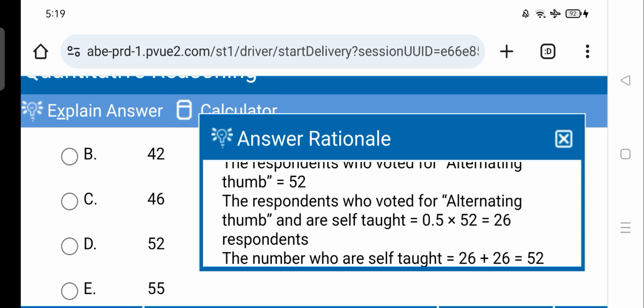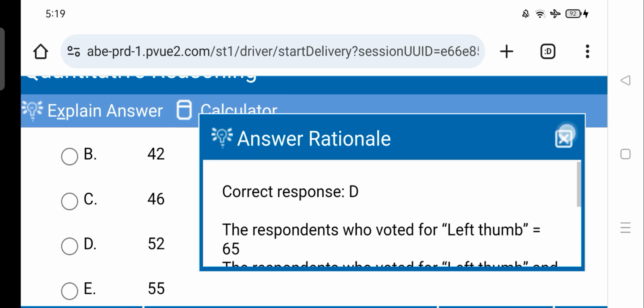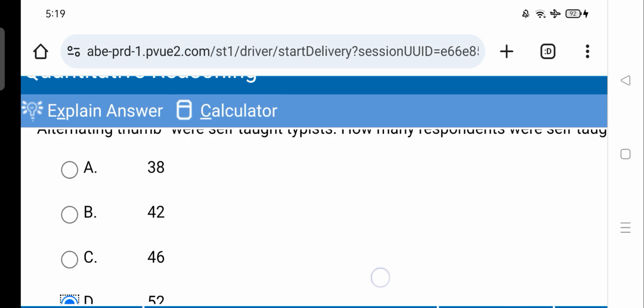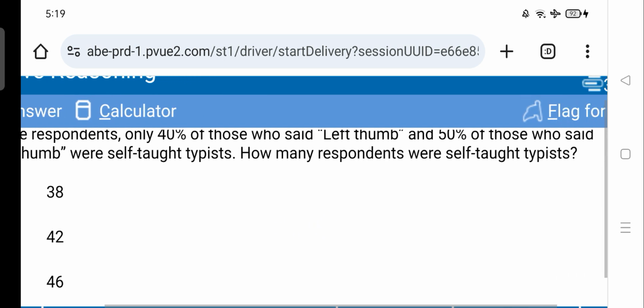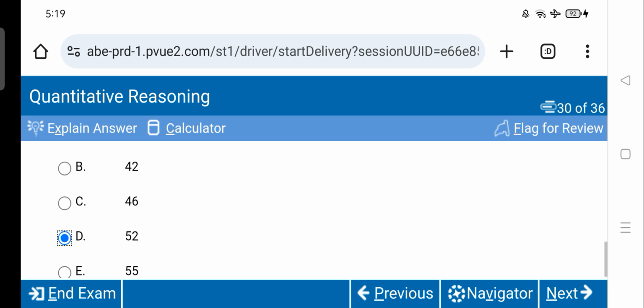The number who are self-taught equals 26 plus 26 equals 52. So the correct response is option D, that is 52 were the respondents who were self-taught typists.